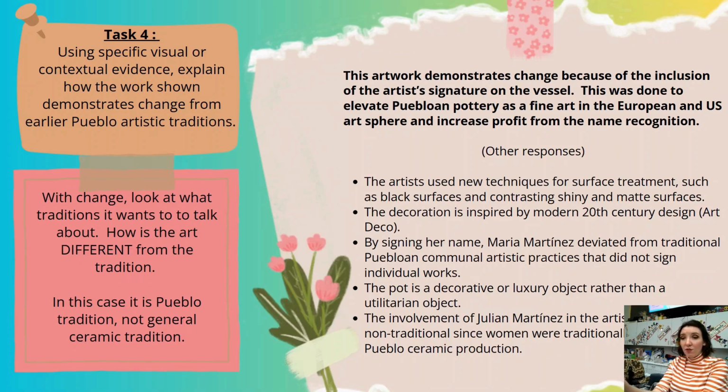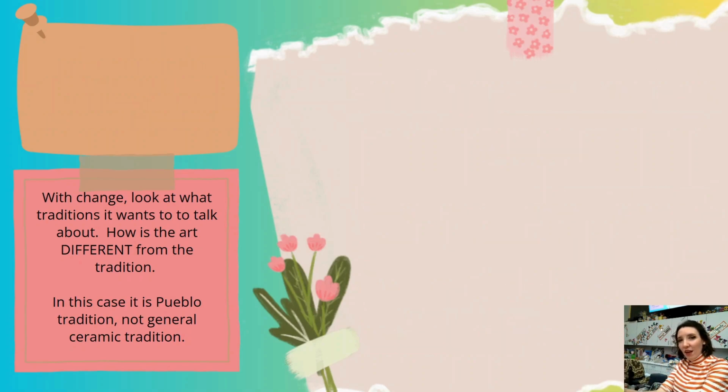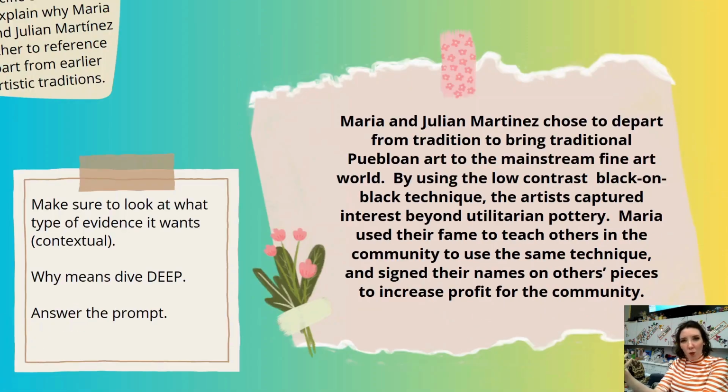Any of those contextual or visual things are about how this piece is different from the past. This is what makes her stand out. This is how we appreciate the art, is by what they did to change the game for other artists, right? So that also helps us lead into our last task point, which is usually the why.